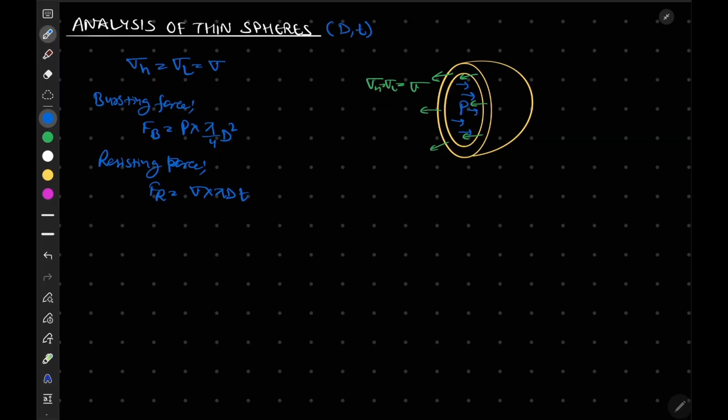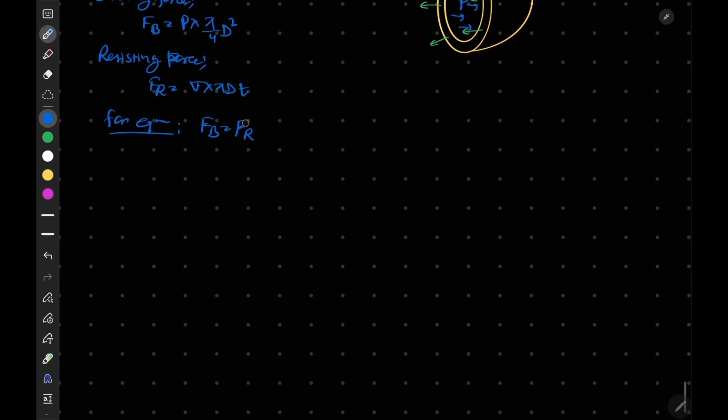For equilibrium, your FB must be equal to your Fr. So we can write P into pi by 4 d square is equal to sigma into pi dt. From here I can write that sigma is equal to PD by 4t.